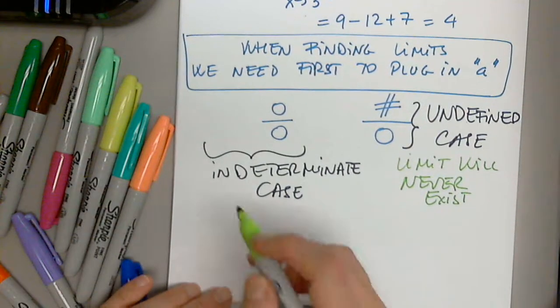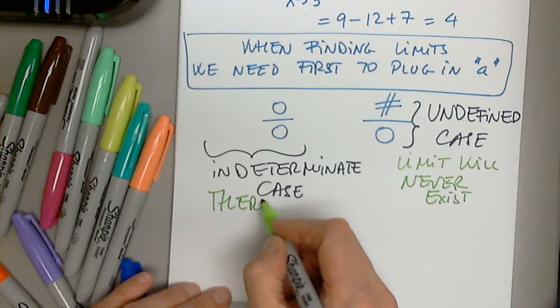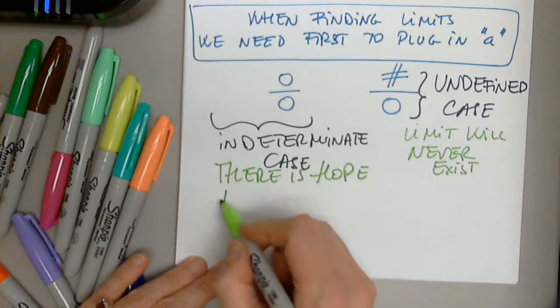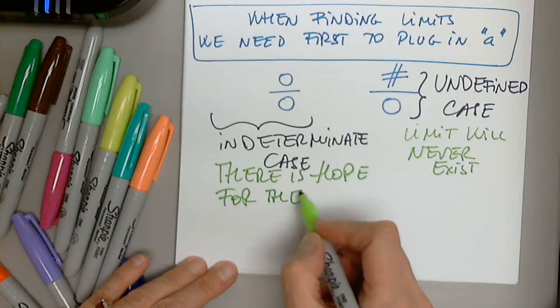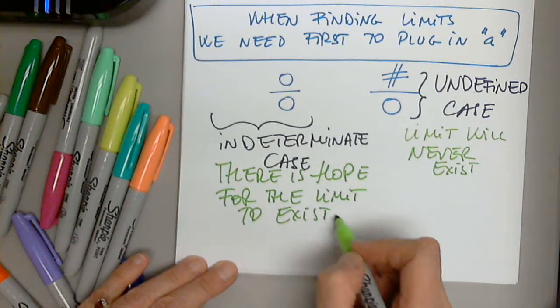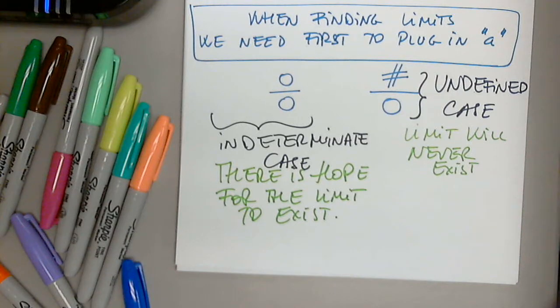In the first case, there is hope for the limit to exist. Notice that I did not say that the limit exists. I'm only saying it's possible to exist. There is hope. The 0 over 0 can end up being 1, 5, 1500, anything.